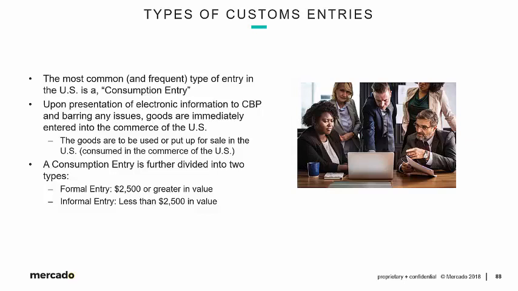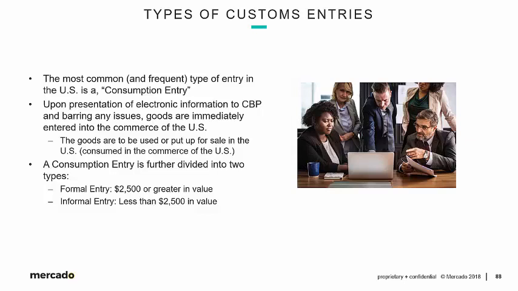To add a little bit to that impromptu definition, second bullet, upon presentation of electronic information to CBP and barring any issues, goods are immediately entered into the commerce of the U.S. We're talking about that consumption entry here.